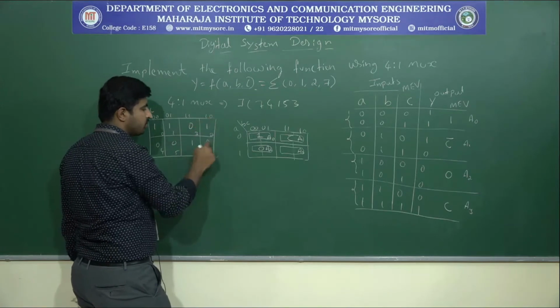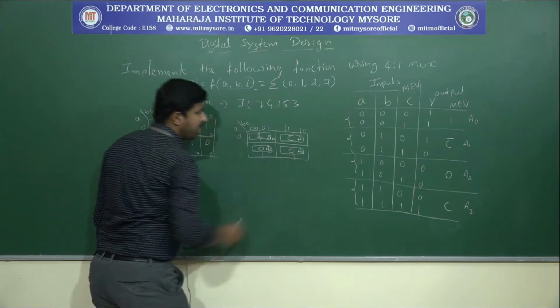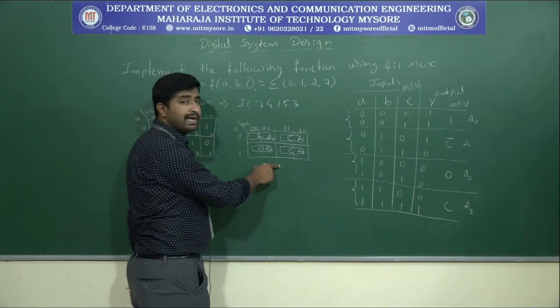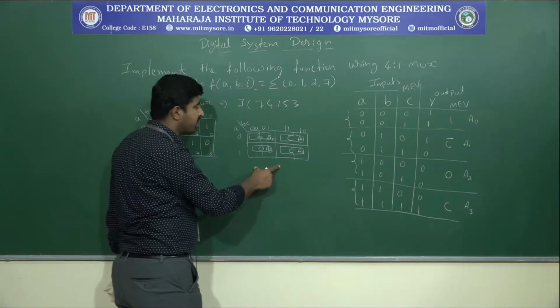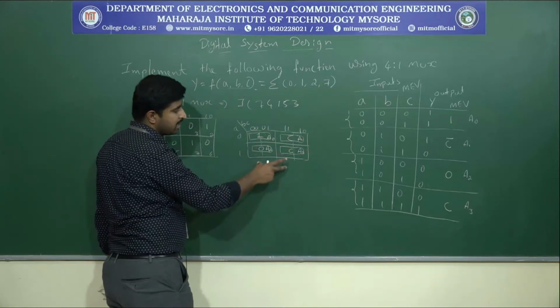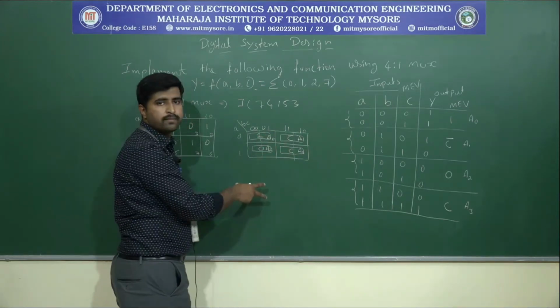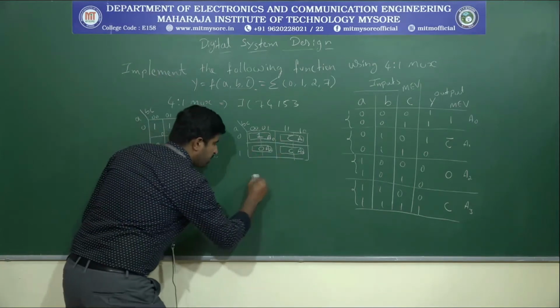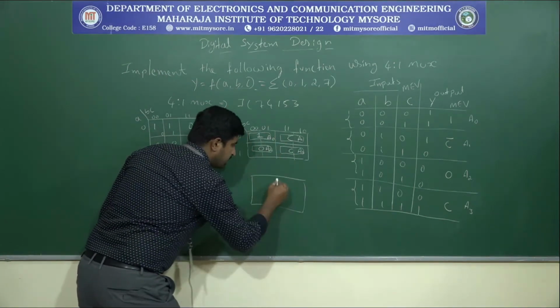So 1, 1, 0, 0. So here the output will be with respect to C. So this is what we call a map entered variable K map. Okay. So we are converting the 8 cell K map to the 4 cell. Okay. So this is how we are going to write, or even simply we can write like this also.